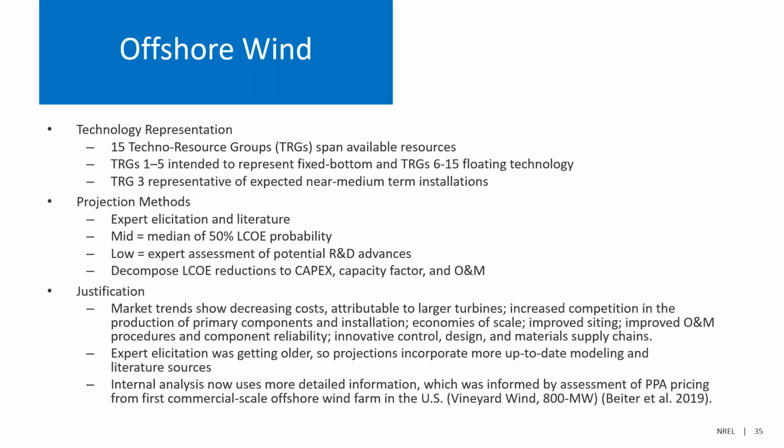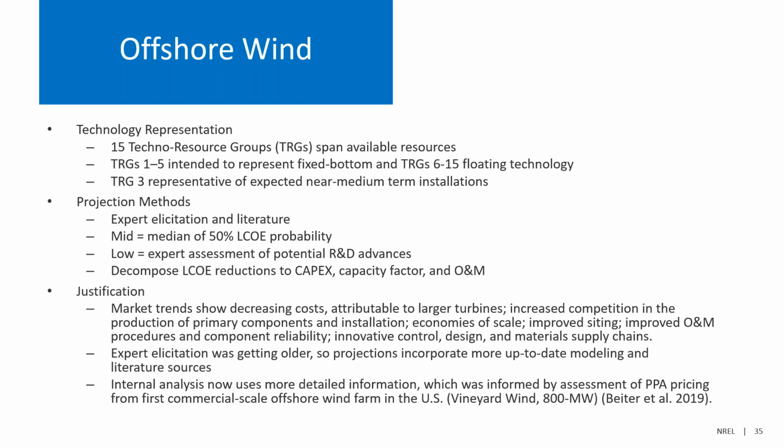TRGs 1 through 5 are intended to represent fixed bottom substructures, and TRGs 6 through 15 represent floating offshore wind technology. We've classified TRG 3 as representative of near to medium term installations in the United States.